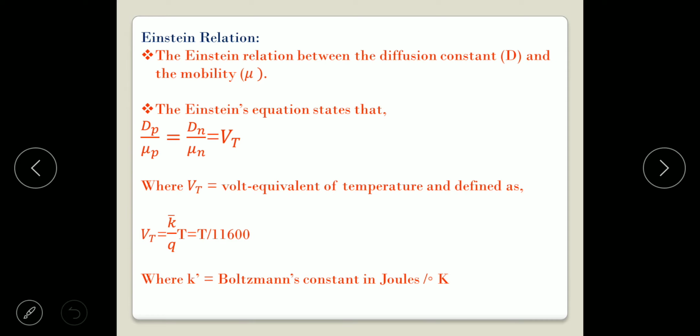It is defined as the ratio of Dp by mu p, that is diffusion constant to the mobility, of a p-type semiconductor, where p shows the p-type semiconductor and n shows the n-type semiconductor, is equal to Vt, where Vt is the volt equivalent of the temperature, defined as kT divided by q, and its value is T by 11600. So this is the Einstein relation.